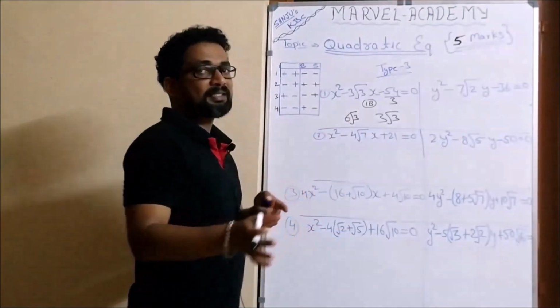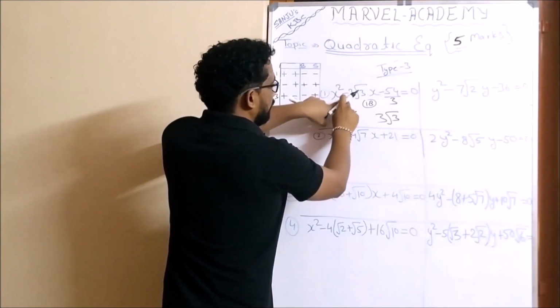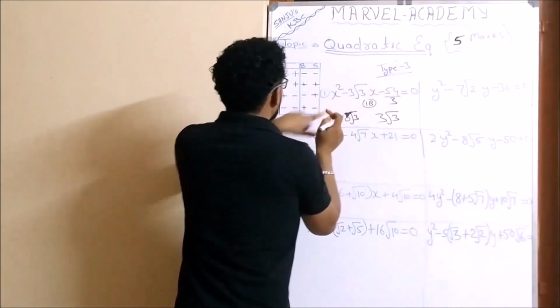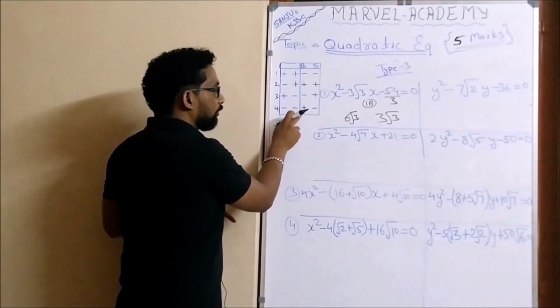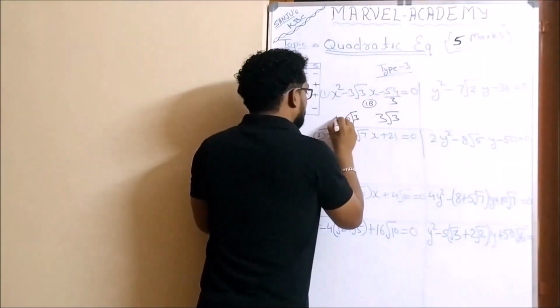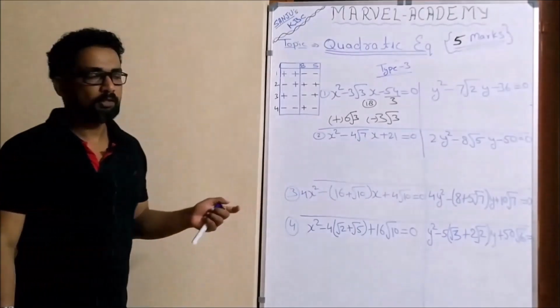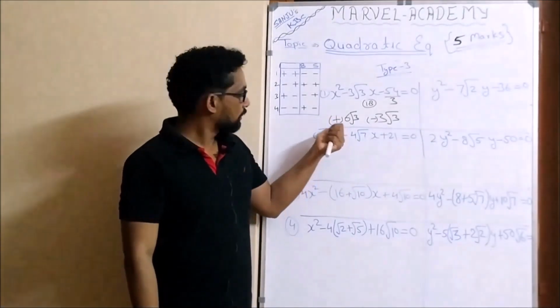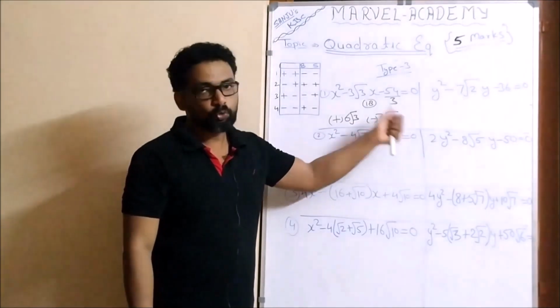Now what will be the sign? In the question the first value is minus and the second is minus. So when both the values are minus, then the bigger value will be positive and the smaller value will be negative. So the factors of x are 6 root 3 and minus 3 root 3.